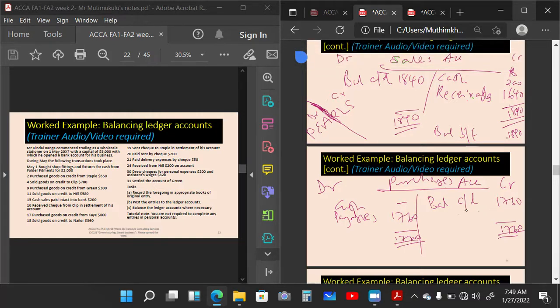It must have a balance BF, balance brought forward 1760, and you can see that the purchases account has got a debit balance, because purchases by default have a debit balance.